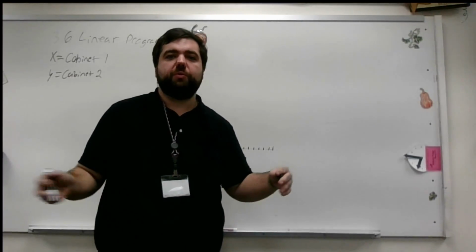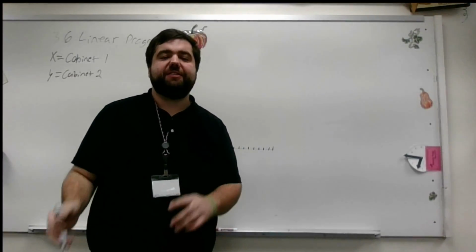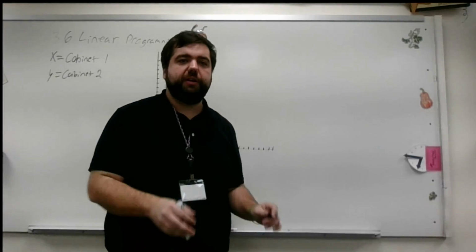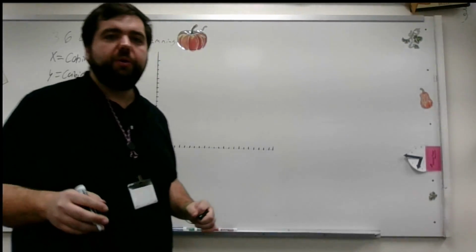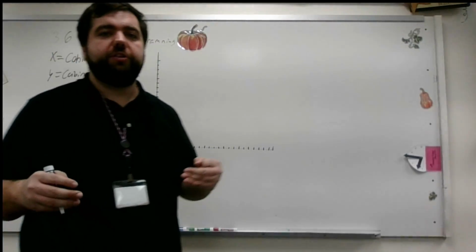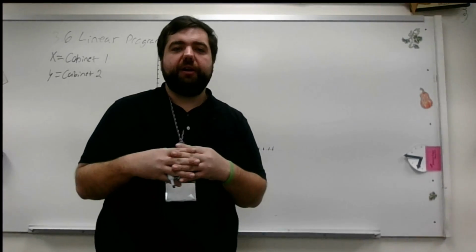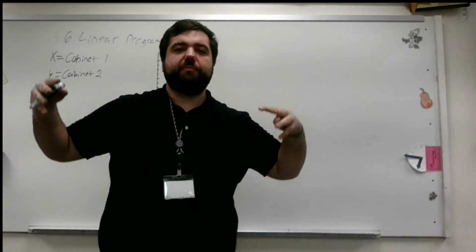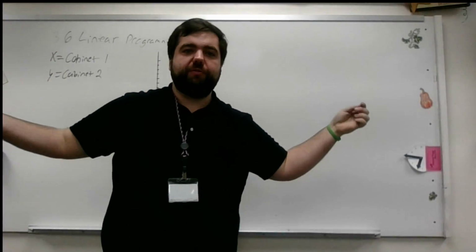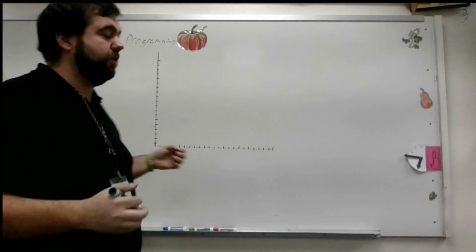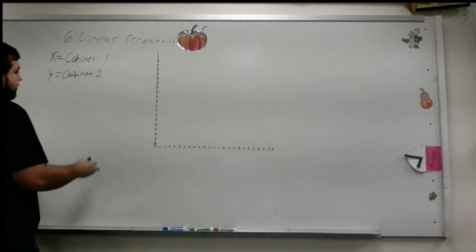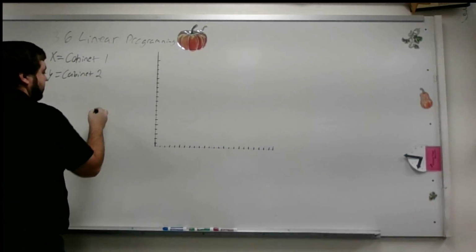Now, we need to set up a system of linear inequalities. So we have to ask ourselves, what's our constraint? What's stopping us from going on to infinity? First, we have cost, right? We have $140 max.